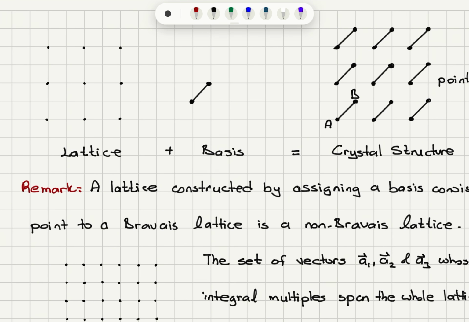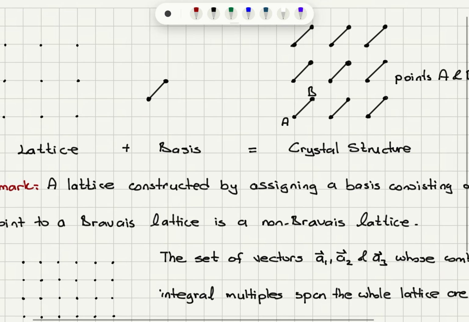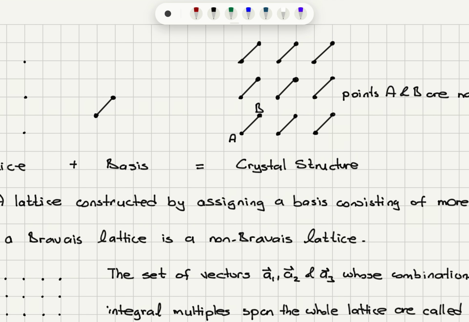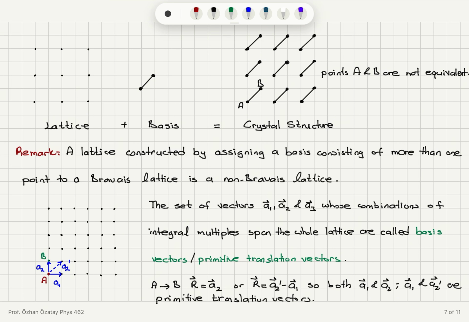You can see here I have a square lattice, and my basis consists of two atoms in this manner, and when I put those atoms in the lattice points, I obtain the crystal structure, and points A and B on this crystal structure are not equivalent. So if I look at a lattice that is created by assigning a basis to a Bravais lattice, I know for sure that if the basis consists of more than one atom, the Bravais lattice turns into a non-Bravais lattice. So this is an important feature of the Bravais lattice.